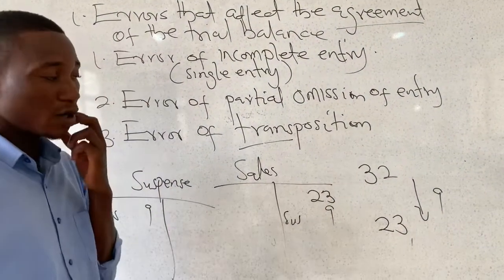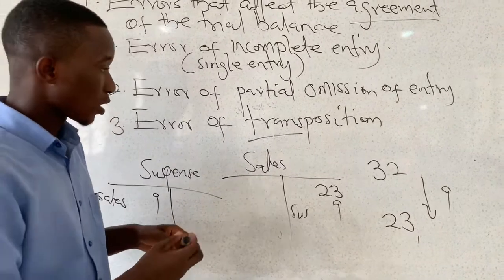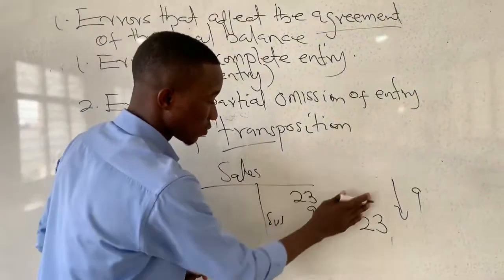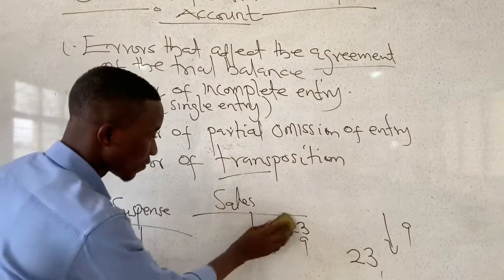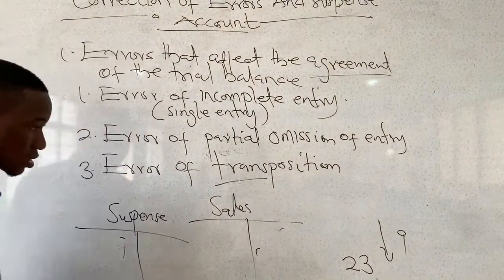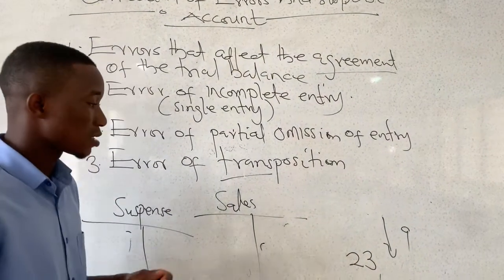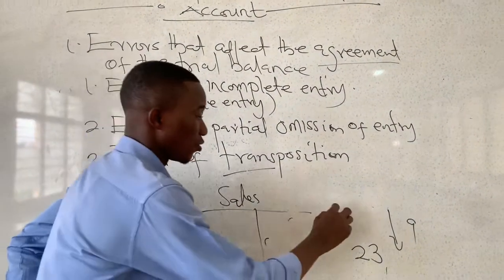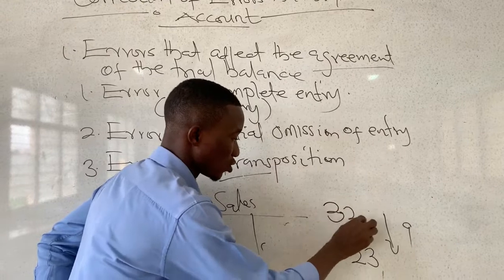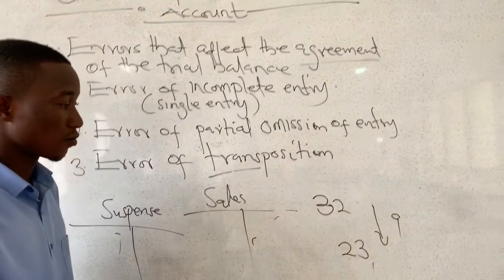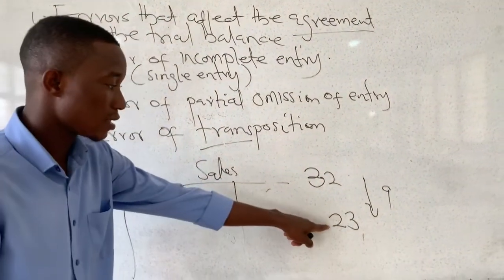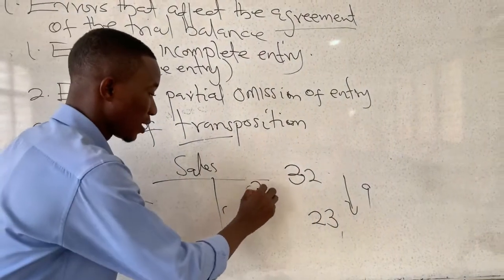Let's also talk about the overstatement. Okay, so maybe sales of $23, instead of crediting sales account with $23, you rather recorded 32. That is the same transposition. Okay, instead of recording this, we've recorded this. We've recorded 32.